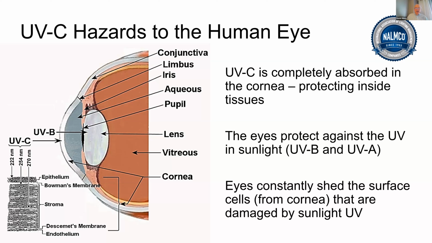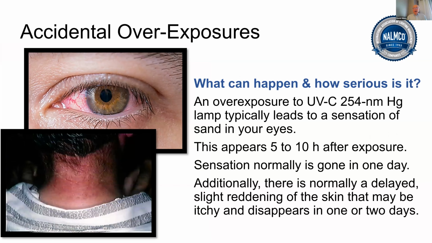They have a limited lifetime of a couple of days from when they reach the surface and then are sloughed off. So we don't have a memory of what's happened to the surface because it's not affecting the germinative cells of the cornea.